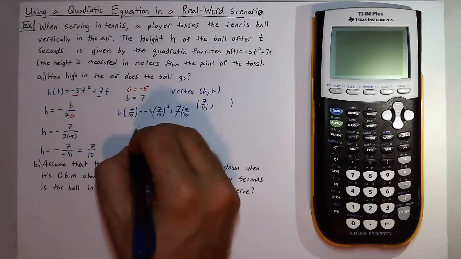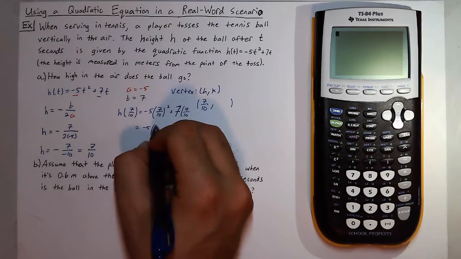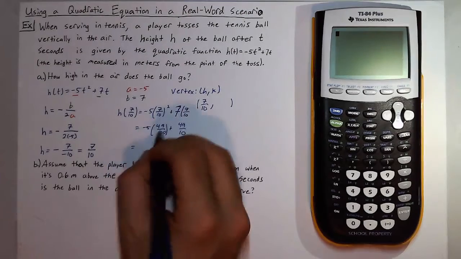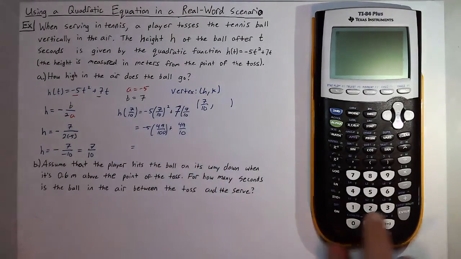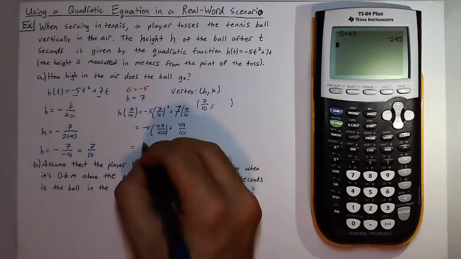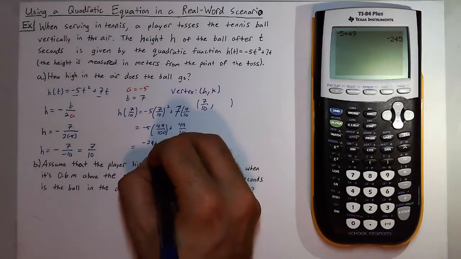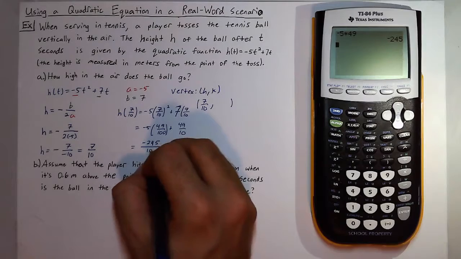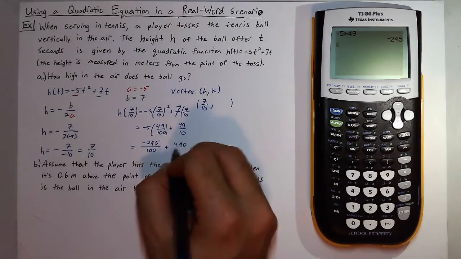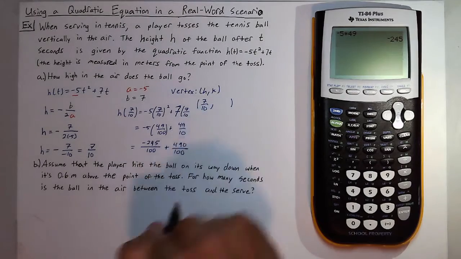So that would be -5 times 49/100ths plus 49/10ths, which will give me -5 times 49, which is -245 over 100, plus I need a common denominator, so 490 over 100 by multiplying the top and bottom by 10.